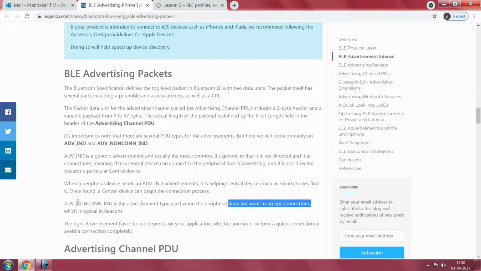That is why if you send an advertisement packet as ADV_NONCONN_IND, it is nothing but a beacon packet. So central devices will not make an attempt to connect back to this device because they know that this is the type of advertisement packet.